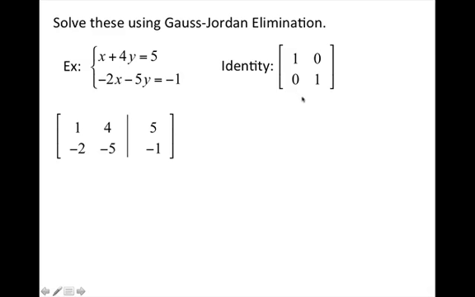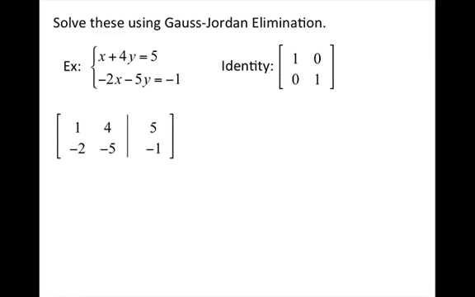So I always work column by column. I want to work my first column first. You always get the 1 and then the 0. So look at the first column. I already have the 1 in place, so I just need to make this -2 become a 0.